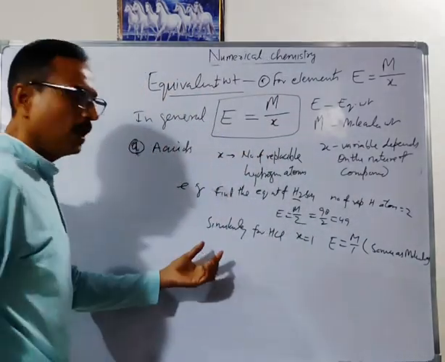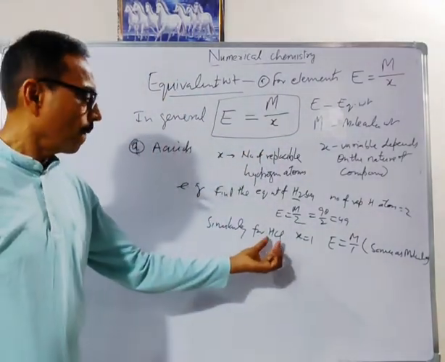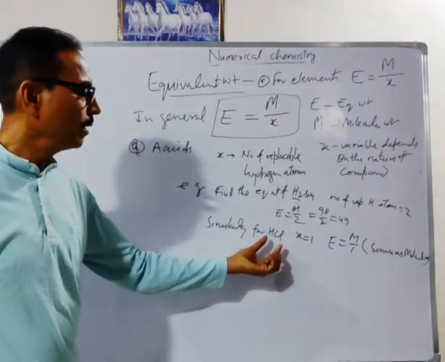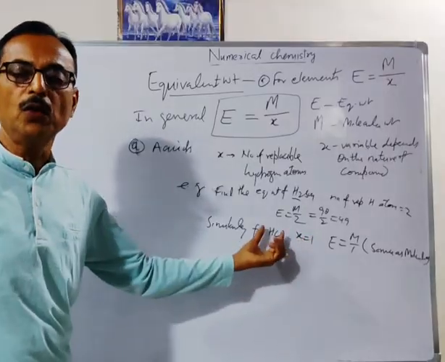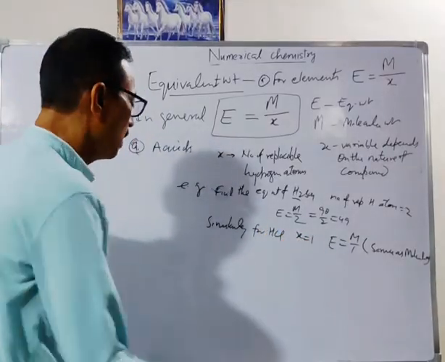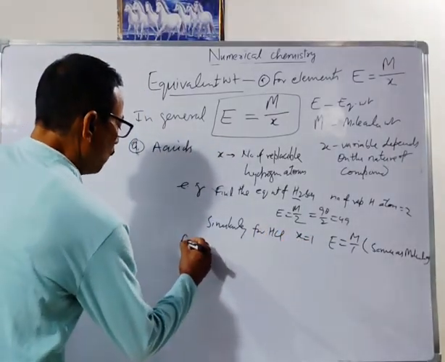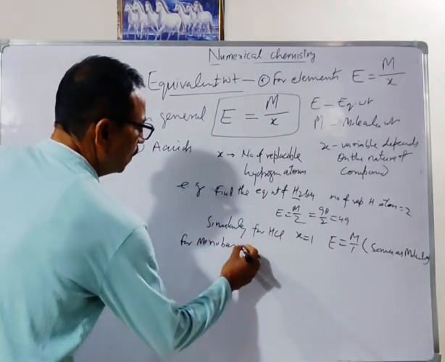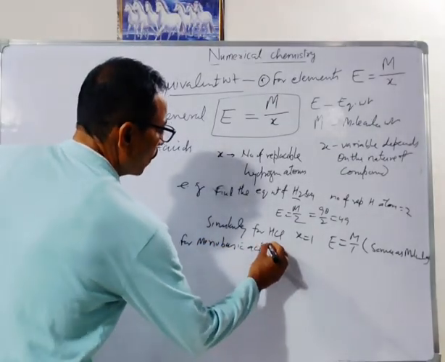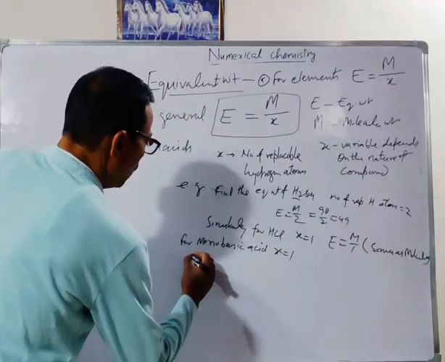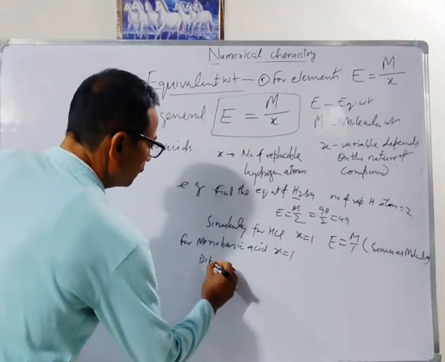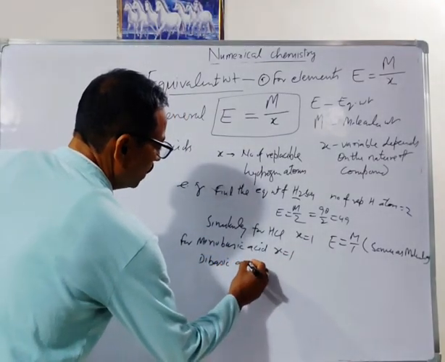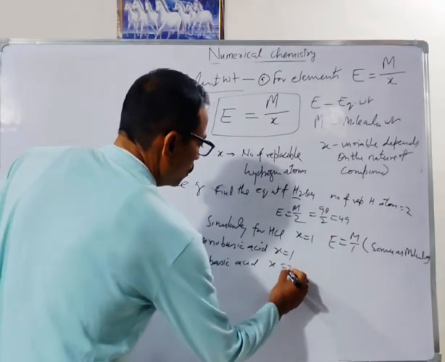In other words, we can say monobasic acids have X equal to 1, so molecular weight equals equivalent weight. For monobasic acid X equals 1. For dibasic acid X equals 2.